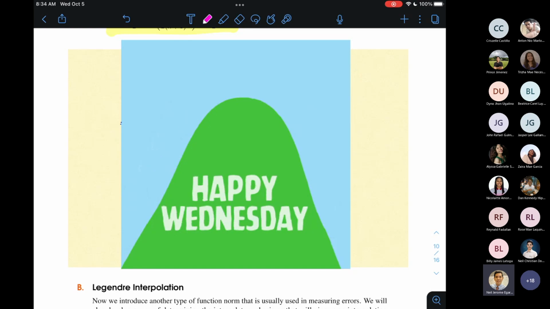Yung iba medyo hindi pala na fully grasp yung idea ng Chebyshev interpolation. So basically, it's the same Lagrange interpolation process. Yun nga lang, yung mga x sub j's, yung mga abscissas na ginamit natin ay hindi na lang basta-basta say equally spaced points on the given interpolatory interval, or hindi na lang sila basta-basta any arbitrary abscissas within the interpolatory interval.